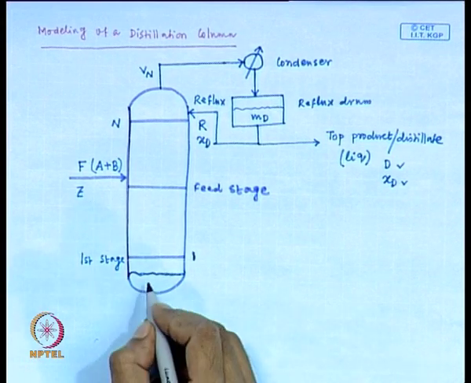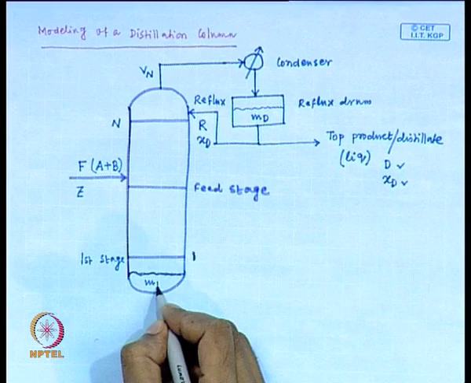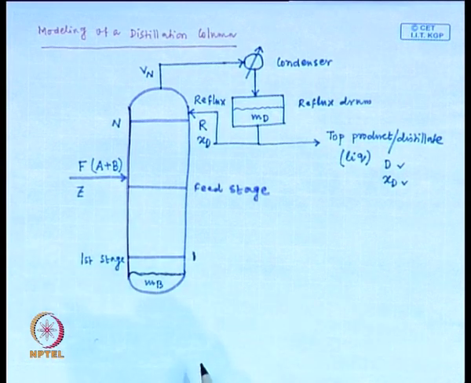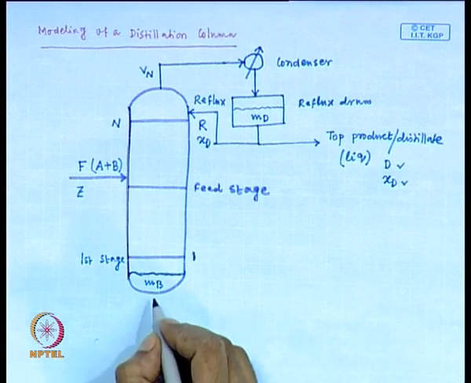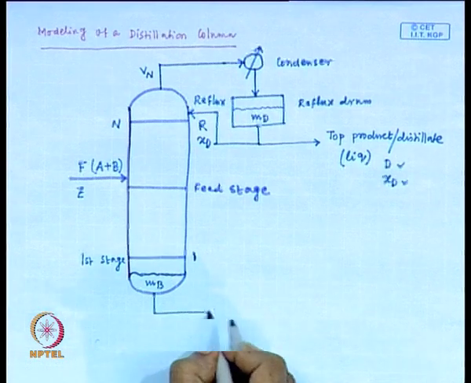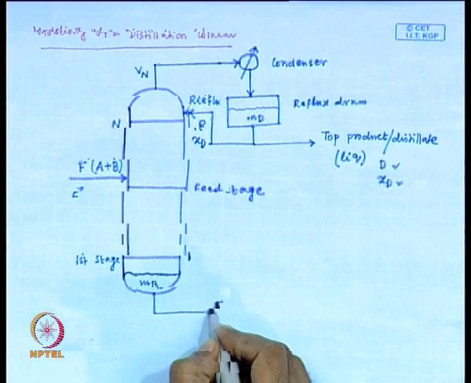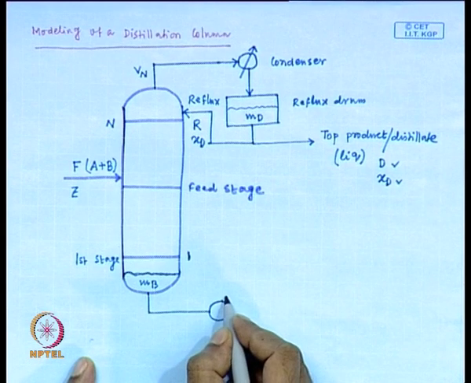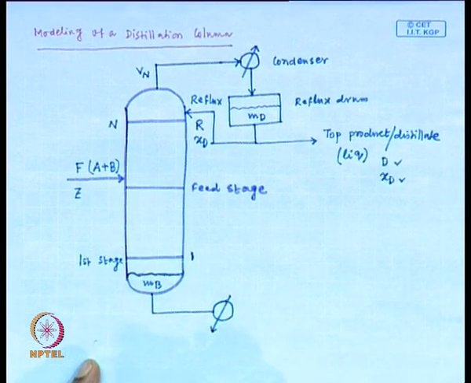Suppose the hold up in the column base is M suffix B. Now, this liquid goes to a bottom reboiler and vaporization of liquid occurs in this reboiler.